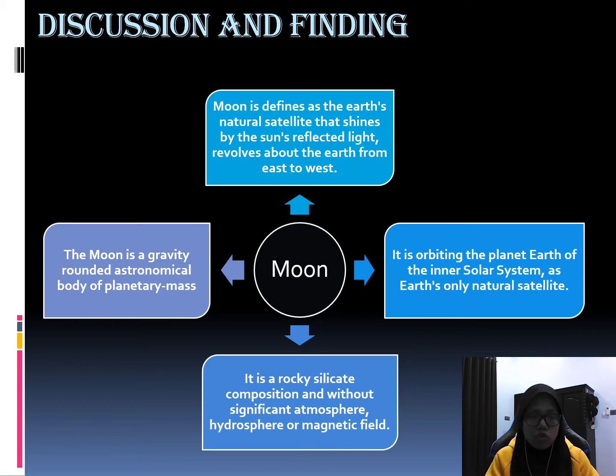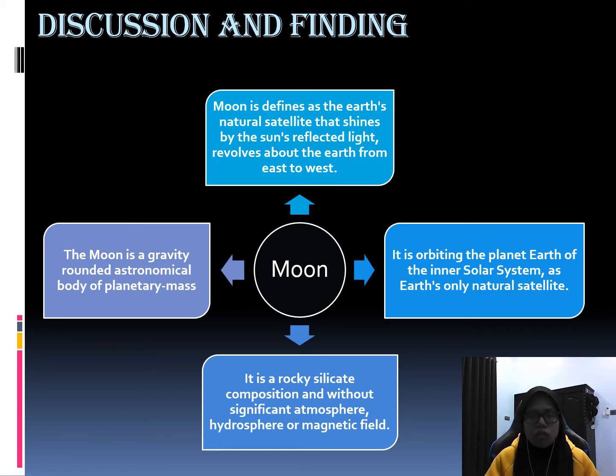Now we will go through the discussion and findings of the research. As a definition, the Moon is the Earth's natural satellite that shines by the sun's reflected light, and revolves around the Earth from west to east.